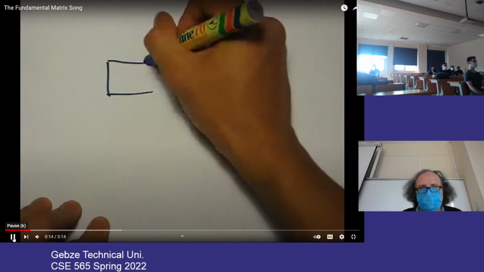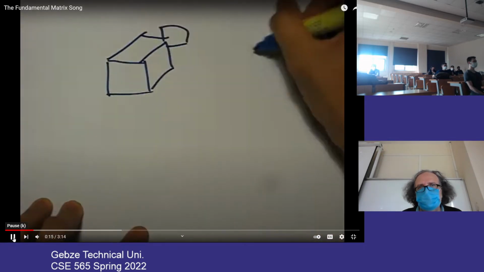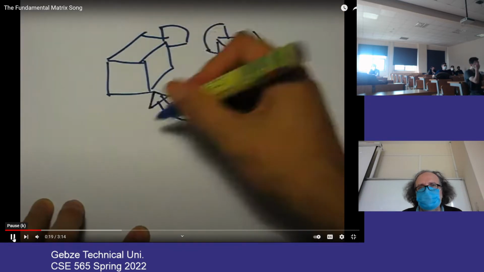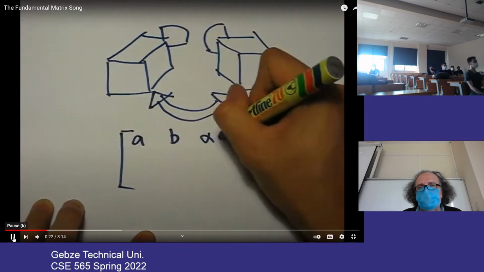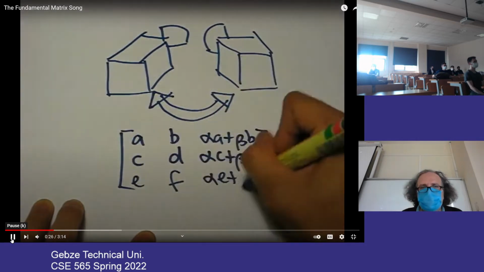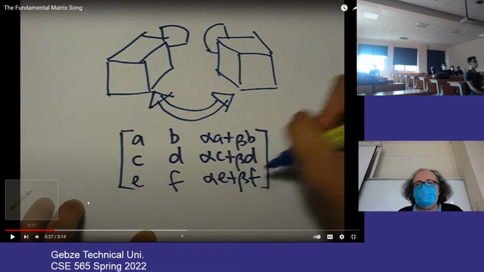The fundamental matrix used in stereo geometry. A matrix with 9 entries. It's square with size 3 by 3. Usually they define these values in 3 by 3.